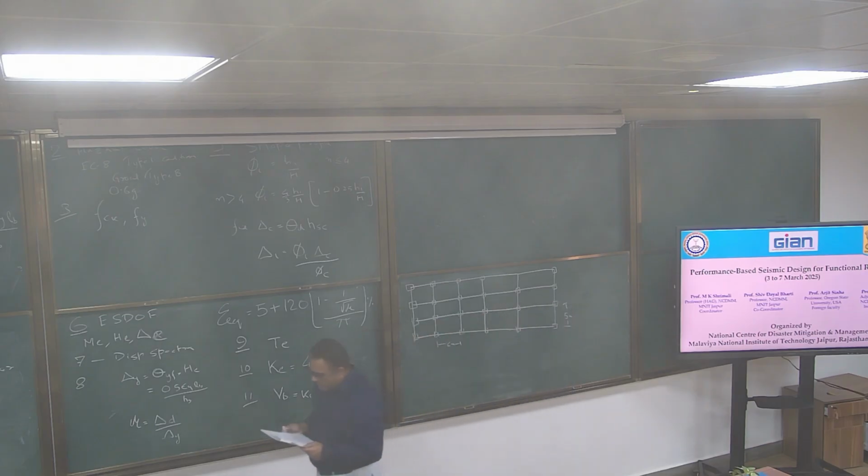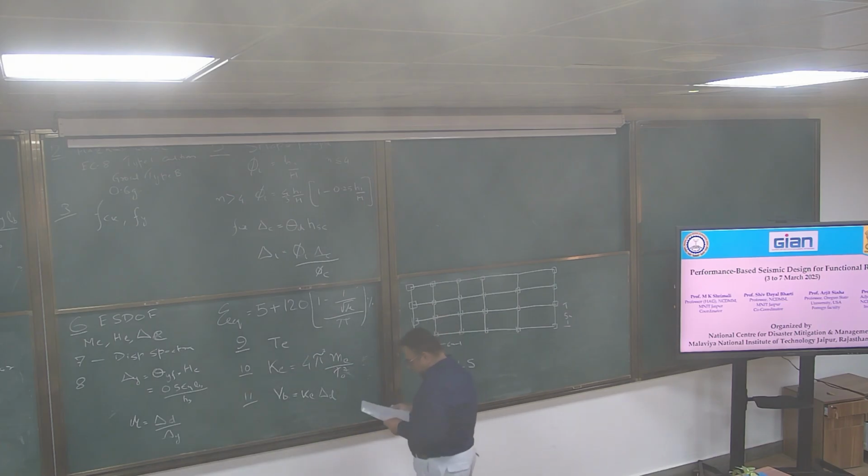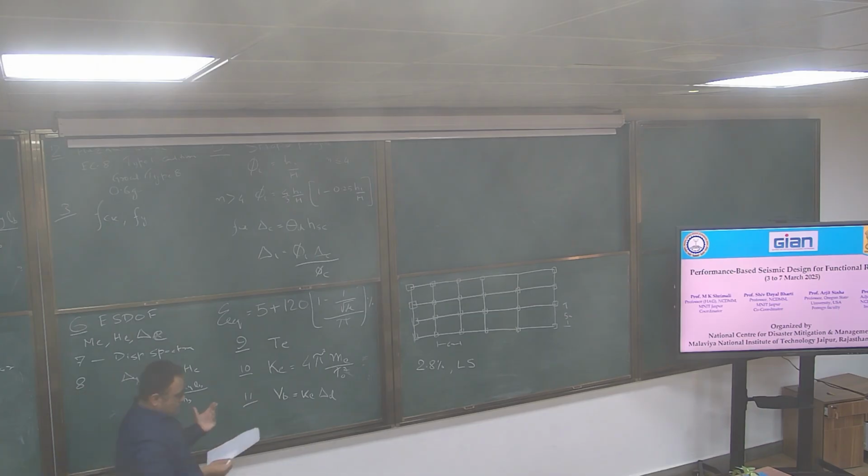So for this building plan, let's say our design drift is 2.8%, and our target performance level is life safety, right? Let's find the beam size as per the UPBD method.